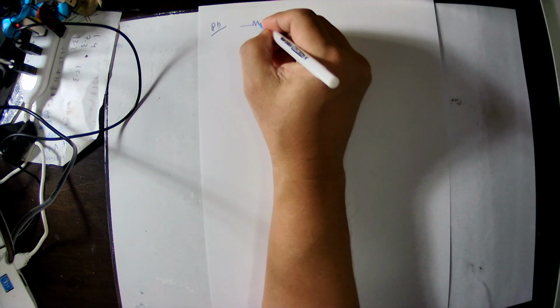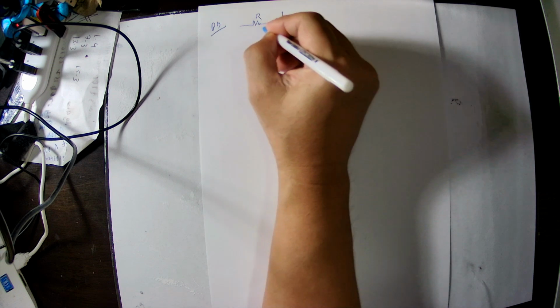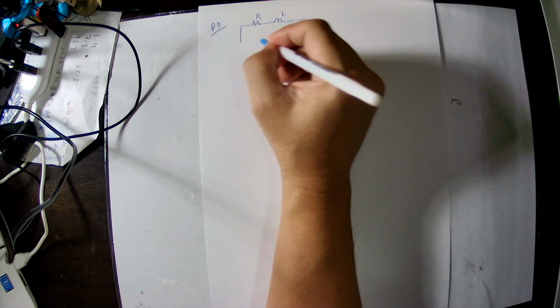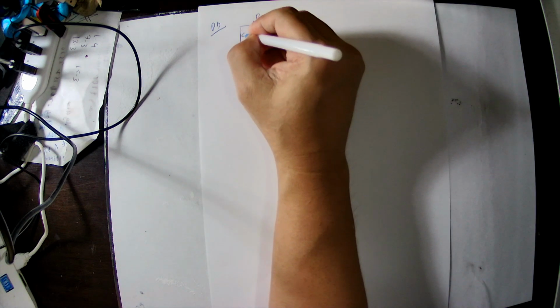So this is a resistor and inductor series circuit, RL series circuit. So this is the resistor and this is the inductor. The resistor has resistance R, the inductor has inductive reactance XL. So then we connect the circuit. In this case, voltage drop across the resistor is 16 volt, so VR is equal to 16 volt.